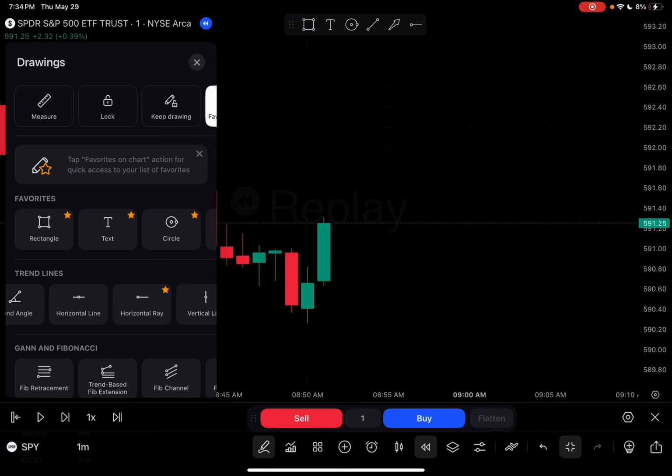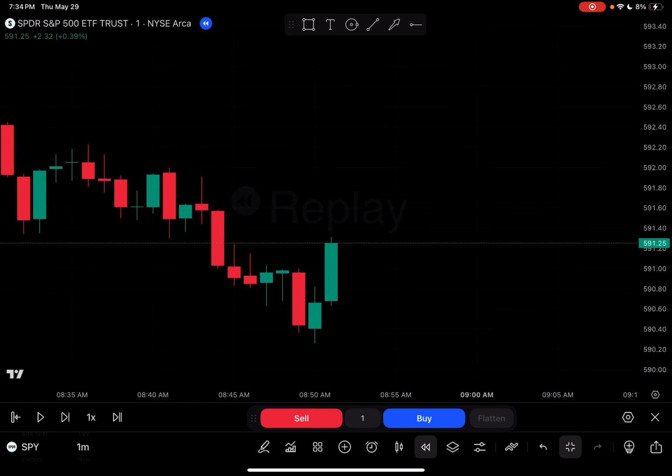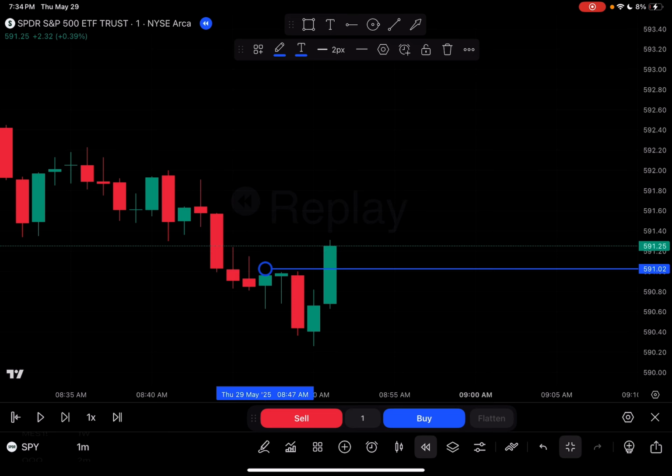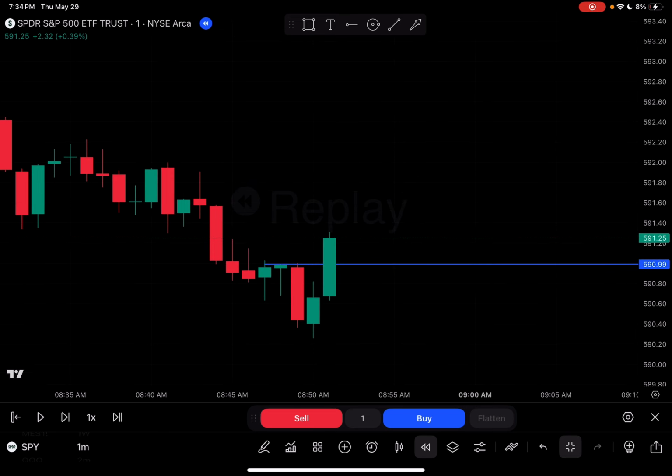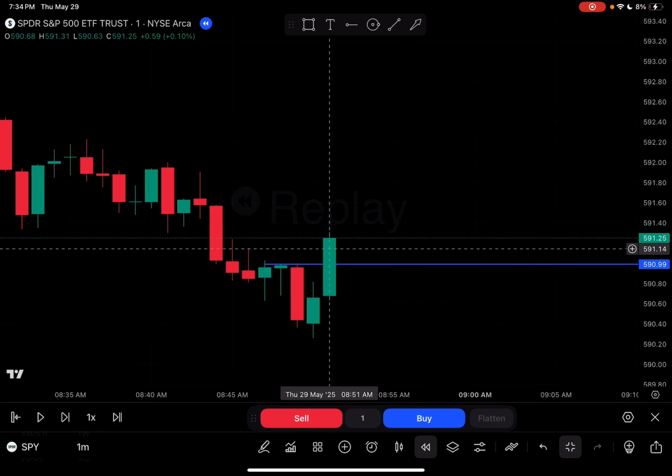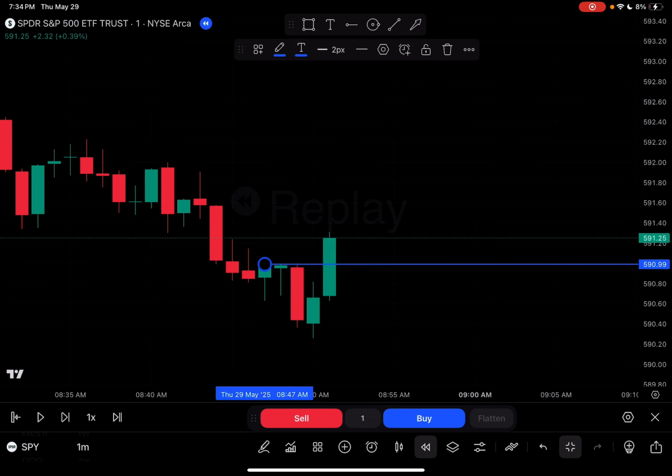Okay. So we're going to call this supply zone right here, because it's a little green and a big red, but the zone has now been invalidated because of this green candle right here. It surpasses it, and the wick and the body closed above the supply zone. So this zone has been invalidated.